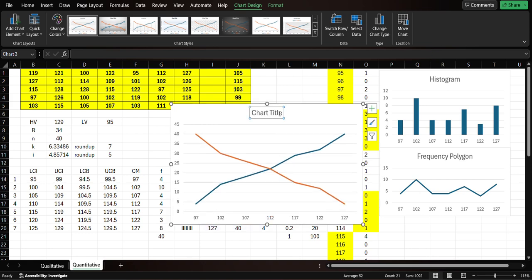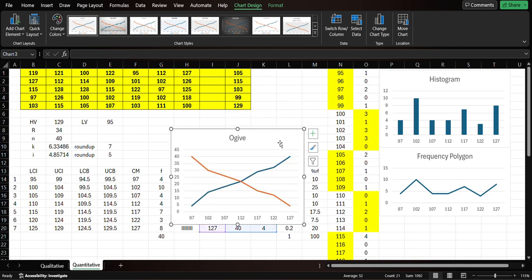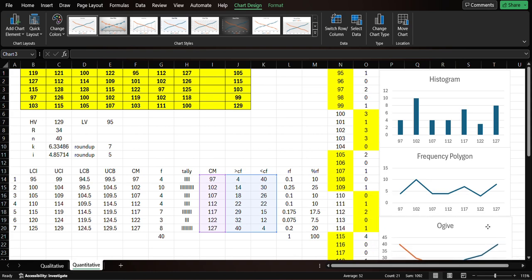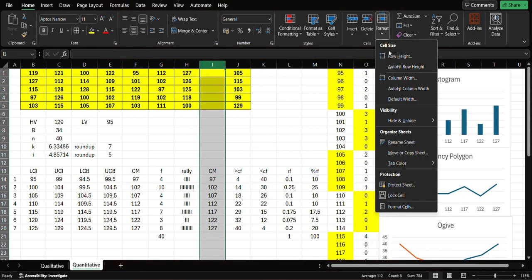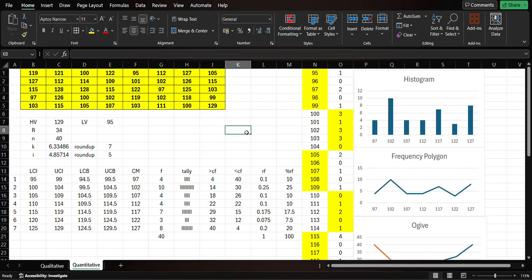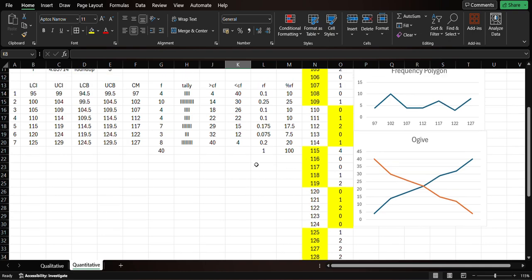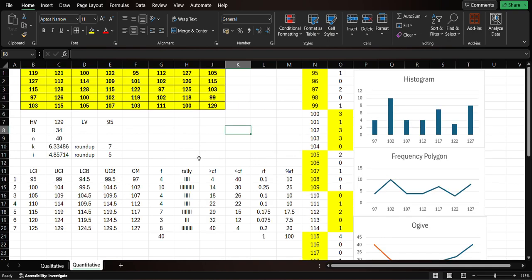The reason why I'm inserting CM near CF is that I can only use the quick analysis if the columns are beside each other. All right, so quick analysis, charts, and then line. So you would observe here the cumulative frequency would give you an idea on how your data would rise and fall.